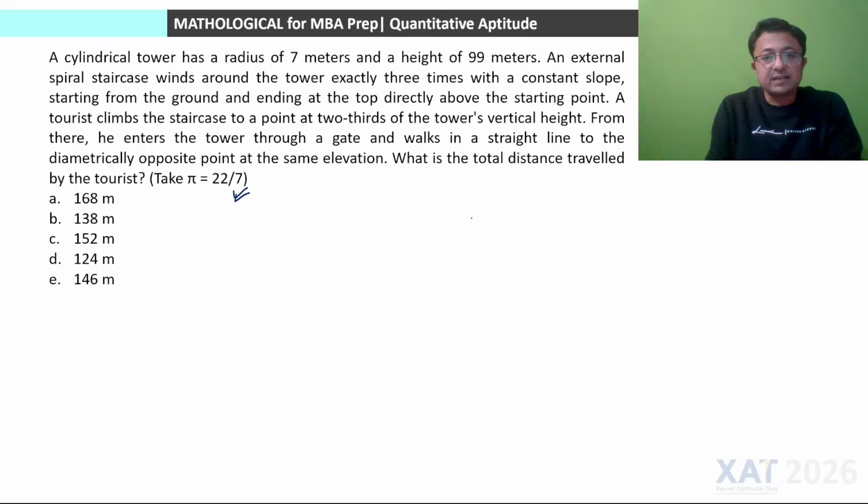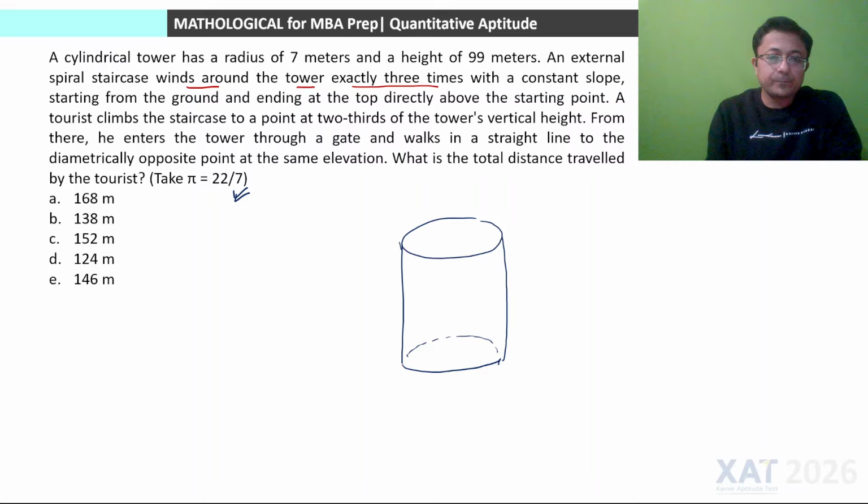Now, since this is a cylindrical tower, and the spiral staircase is winding around the tower exactly 3 times. And if let us say this is the starting point, so this must be the end point as well at the top.